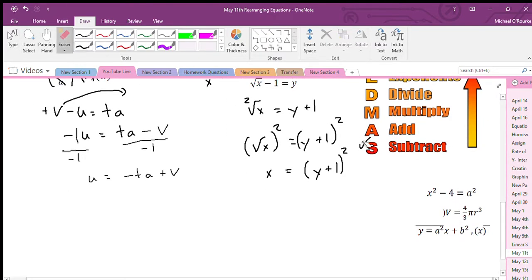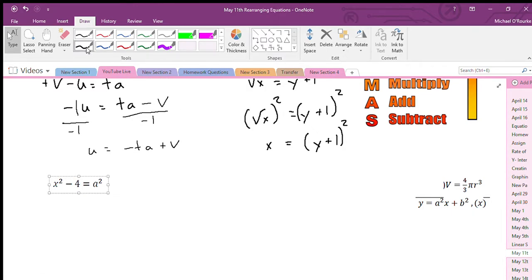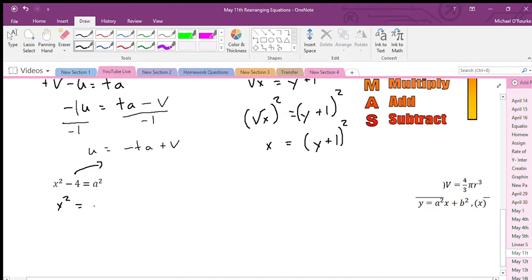Right. So let's grab this one. This now seems very familiar. So first thing we do, we have a subtraction here, so let's move that over. So x squared equals a squared plus 4.